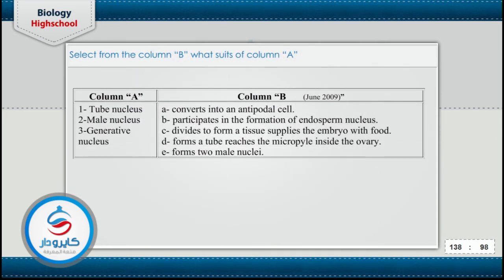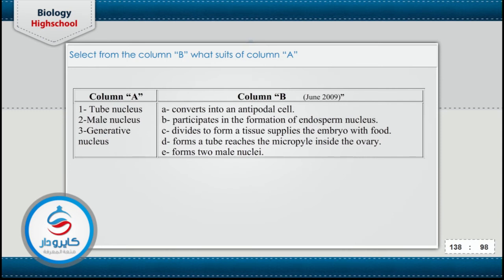Tube nucleus, male nucleus, generative nucleus. Then in column B we find "converts into antipodal cells". The antipodal cells are the three cells away from the micropyle inside the embryo sac of the ovary of the flower.